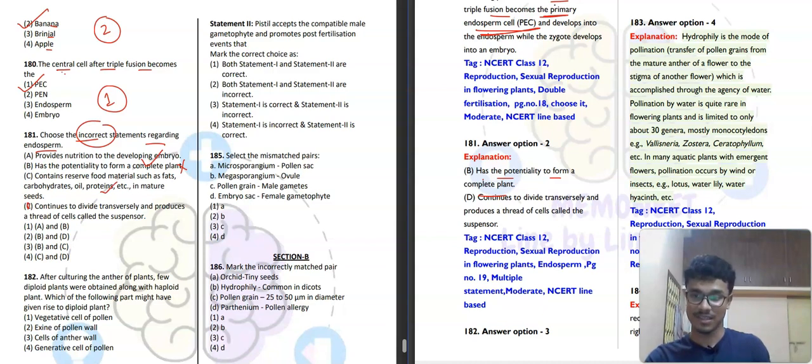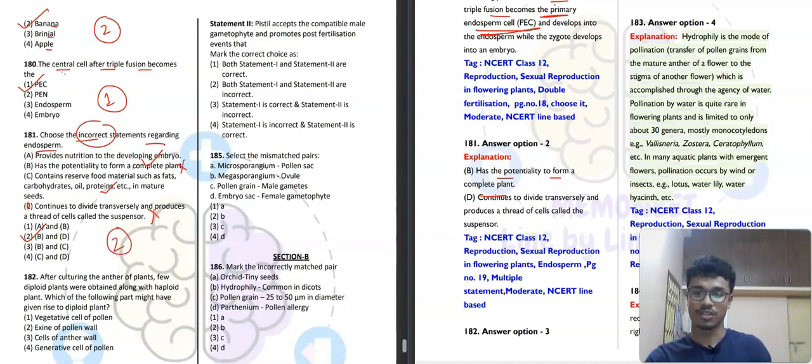But the last statement is not correct, that it continues to divide transversely and produce a thread of cells called suspensor. It is absolutely not related to endosperm. The incorrect statements here are B and D. So the second option will be your correct answer for this question.